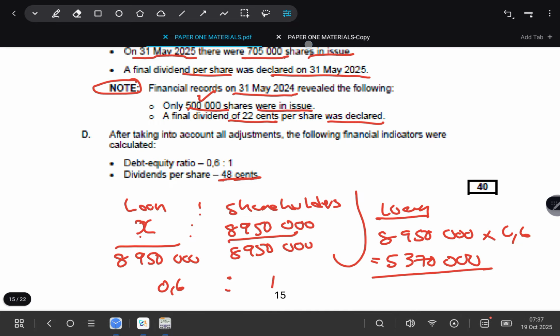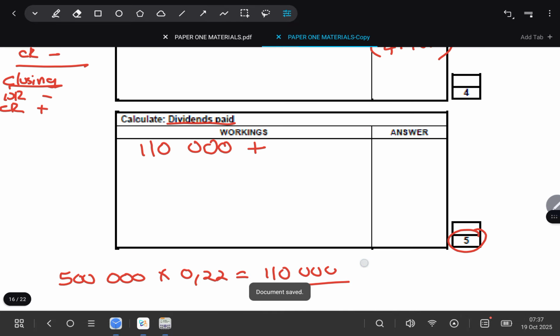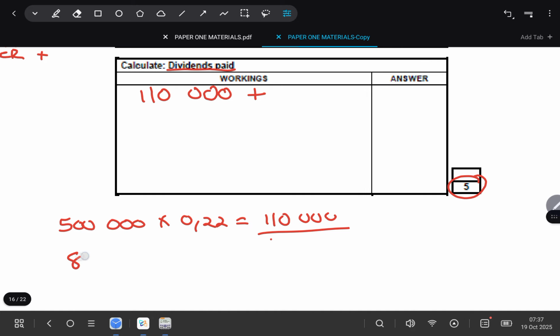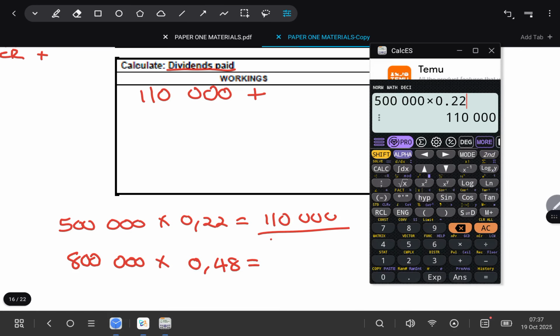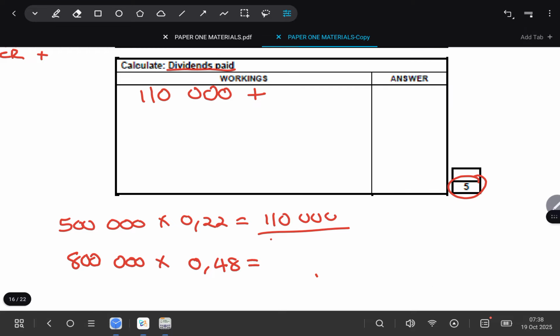So if we say 800,000 multiplied by 48, let me see, 800,000 multiplied by 0.48 gives you 384.